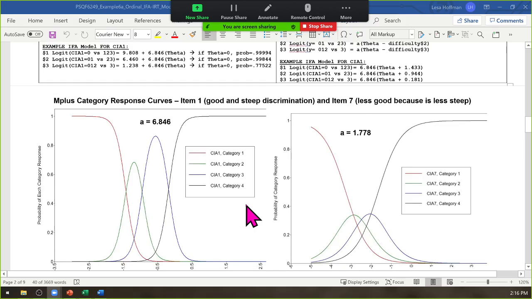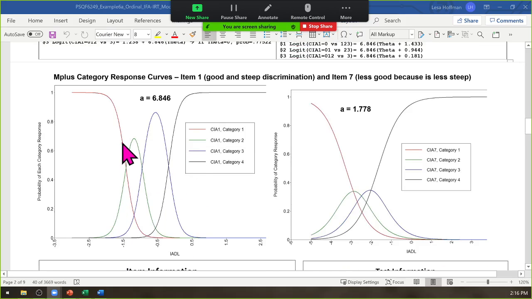All right, so here are some pictures. These pictures were made by M+. These are what's known as category response curves, and they show you the probability of each possible response option as a function of the trait given the model parameters. Item 1, for instance, has a loading/discrimination of 6.8, which is really high, and that translates into these clearly delineated categories.